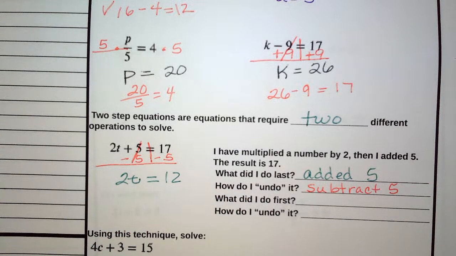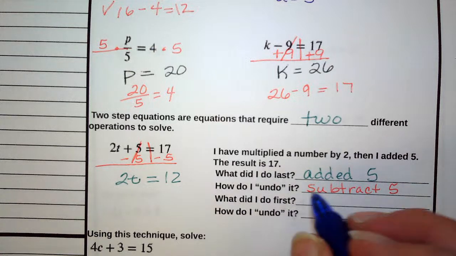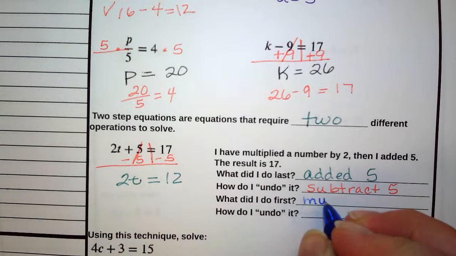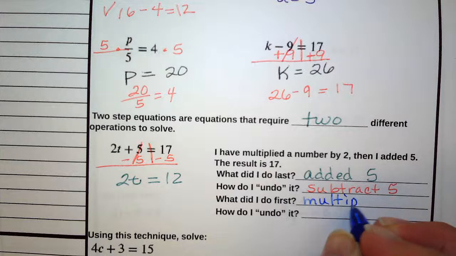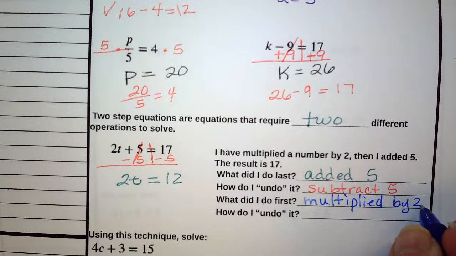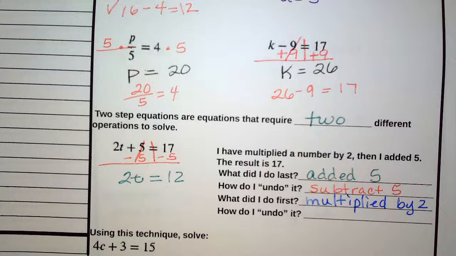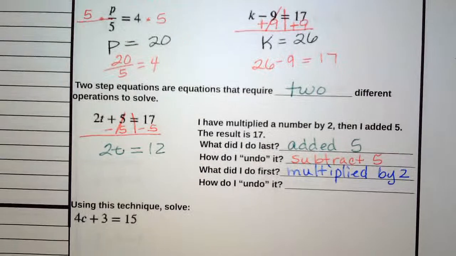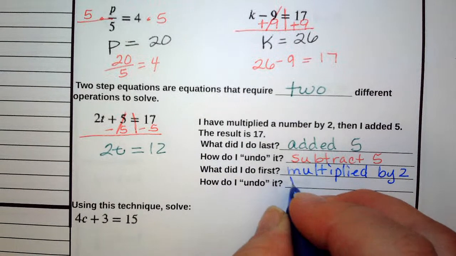What did we do first? We multiplied by 2. So how do I undo multiplying by 2? Divide by 2.